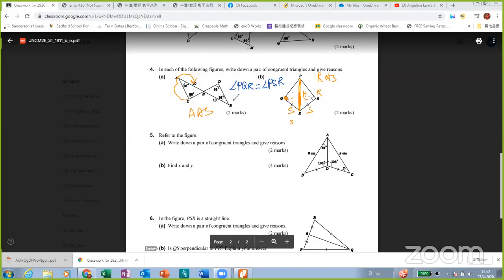And then I have PR, of course, equals PR, this length. And then I also have QR equals SR. And therefore I have triangle PQR congruent to triangle PSR. Reason RHS.